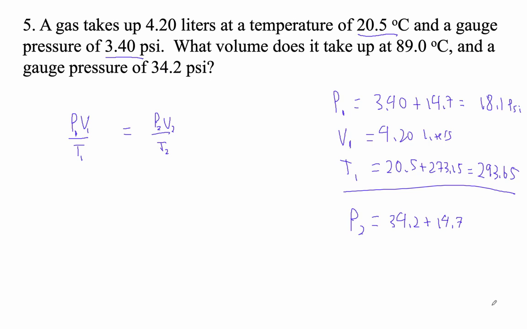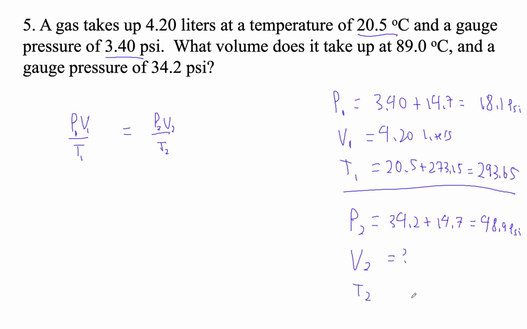So 34.2 plus 14.7 is 48.9. That's PSI, right? Remember, we can do this combined gas law. It doesn't have to be in pascals. Let's see, V2. Oh, we're trying to find that, right? So V2 is what we're trying to find.